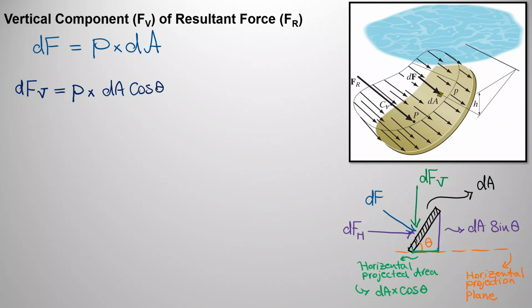Now, you probably still remember that whenever we have a horizontal plane, pressure is going to be constant and it's not going to change. Why is that? It's very simple. If this is the water surface and I have a horizontal plate over here, the pressure at any given point on this horizontal plate is going to be the same.